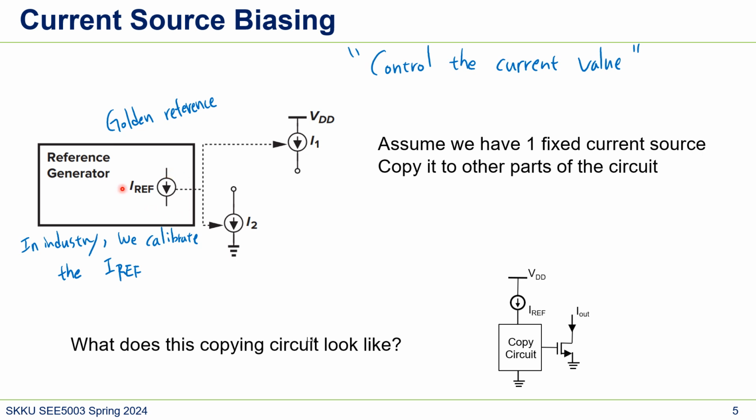Those golden references usually have a larger layout area, but that's kind of fine. The bigger problem is the calibration. We cannot do calibration over lots of current sources, because it takes a lot of time, and time means cost. So usually we cannot have lots of IREF.